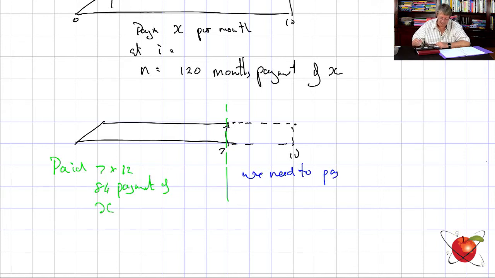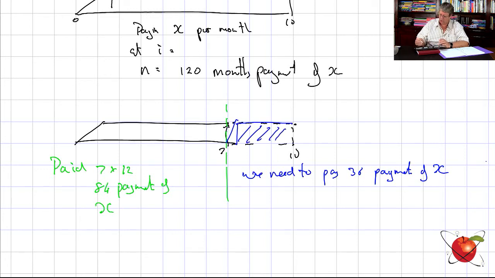We need to pay another 36 payments of X. Thus, the next payment is due there. We have now got 2 annuities: the green annuity, which is the paid, and the blue, which is to pay.